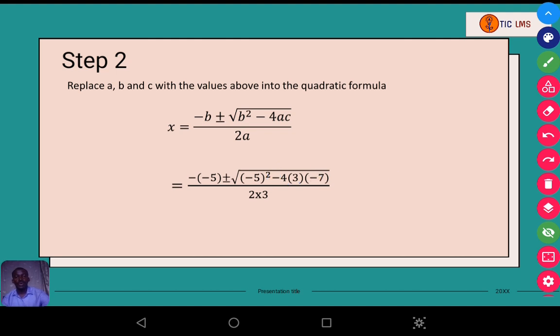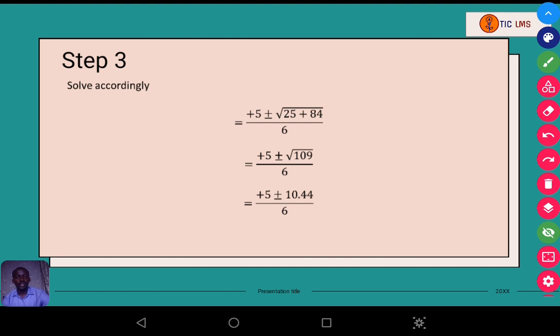Now, let's look at what we have in the next stage. So in the next stage, we see it's solved. So we have positive 5 plus or minus square root of 25 plus 84 over 6. And then we have positive 5 plus or minus square root of 109, that's after adding, divided by 6. Then we find the square root of 109, and that gives us 10.44. The next thing is we solve accordingly.